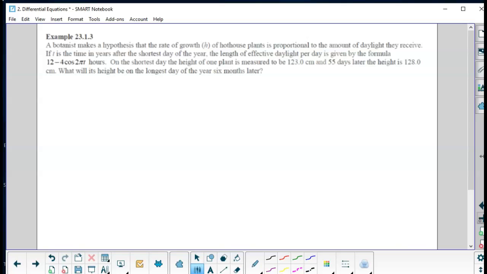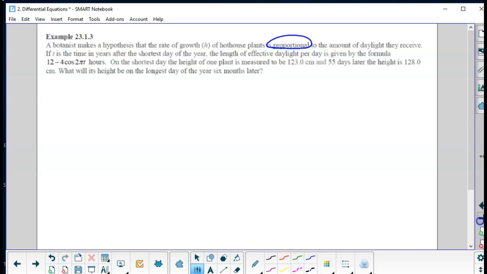So this one's a little bit different in the fact that the word proportional is here. So we don't know, it's not exactly equal to that 12 minus 4 cos 2 pi t, it's proportional to that.